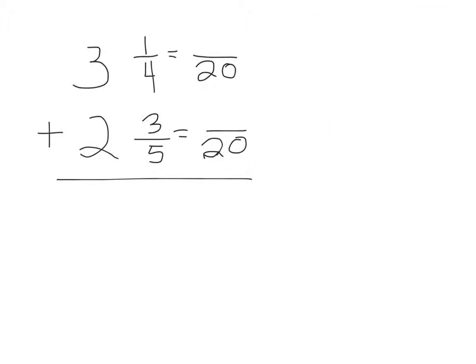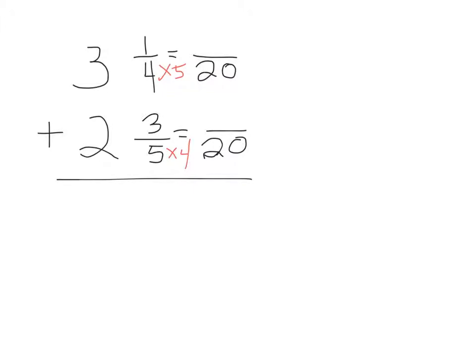Now that we have our common denominators, we can now work on finding our multiples and our new numerators. One nice thing about using the strategy of multiplying your denominators is that you don't really have to guess what the multiples are. You know how you got 20. You multiplied 4 times 5. So your multiplier here will be 4. We know how we got 20 on the top by multiplying 4 times 5.